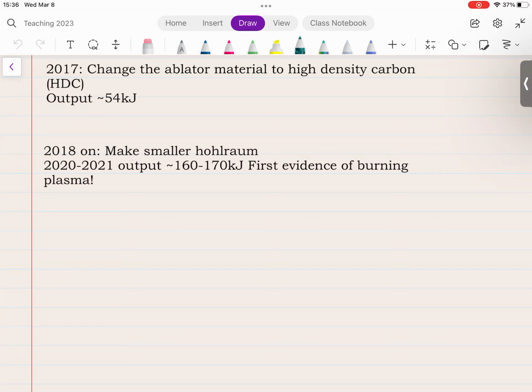I just had to pause to look it up. And that was in August 2021.